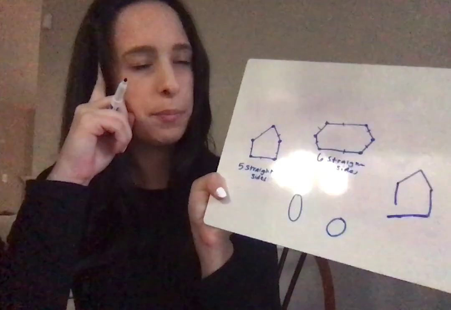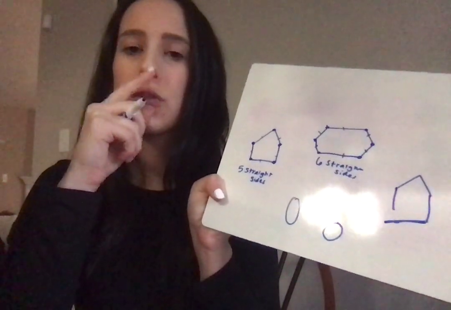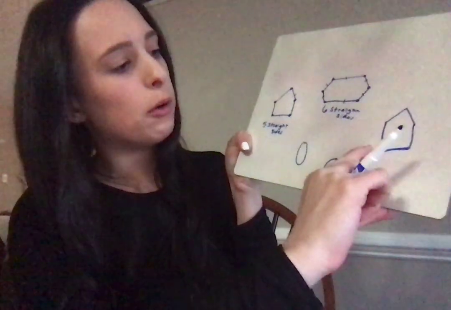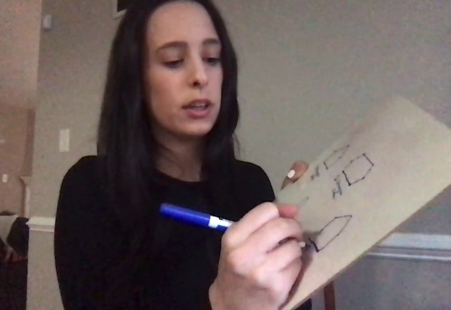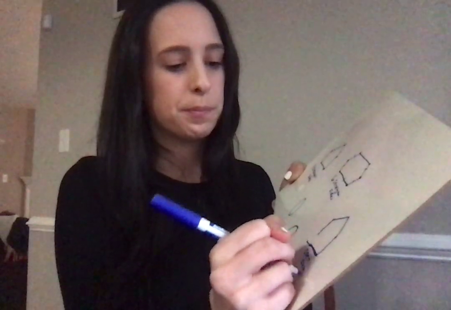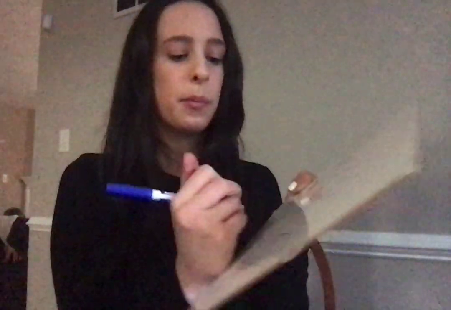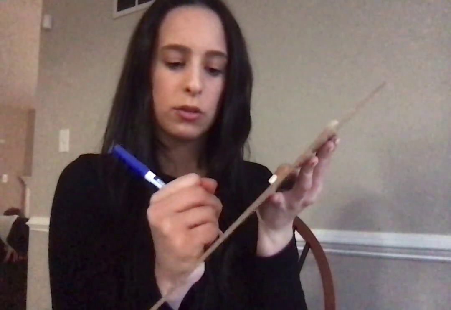Is it open or is it closed? Well, if I put my finger in here, it would be able to get out. So it's actually an open shape. And then down here, these are similar because they have no straight sides.